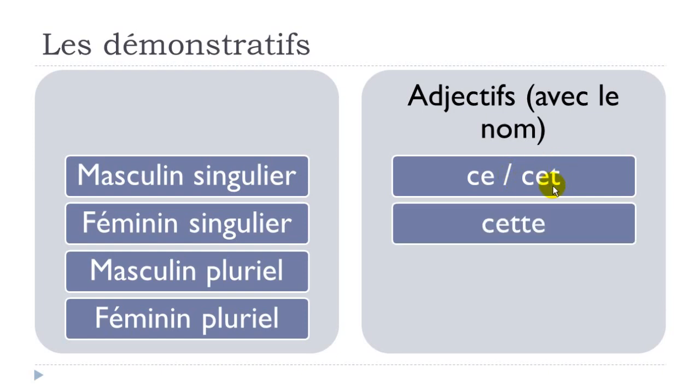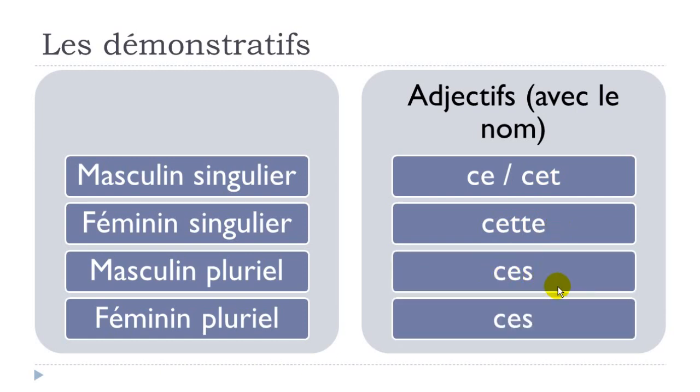Okay, and then the feminine form is cette, like that. So it's quite interesting because if you listen carefully, the masculine form cet and the feminine form cette, you write them differently, but you pronounce them the same way. All right? For the plural form, so masculine plural, it would be ces, okay?